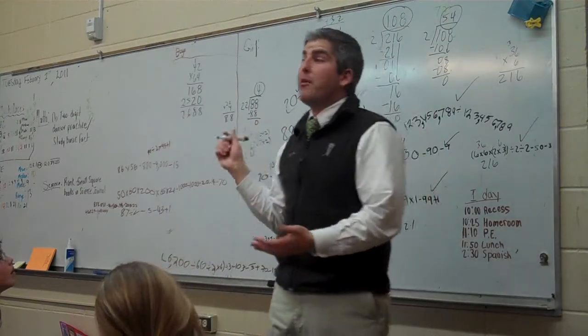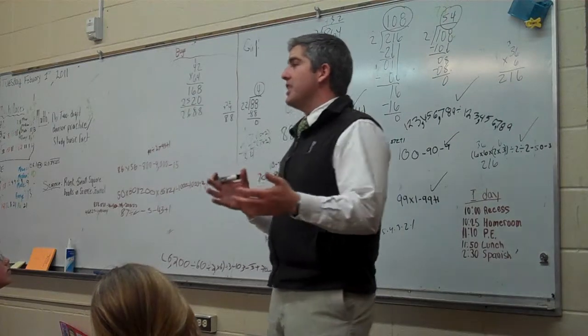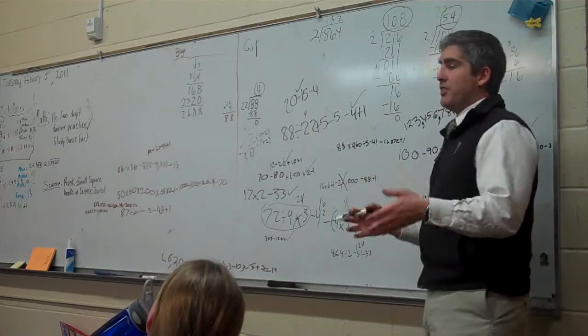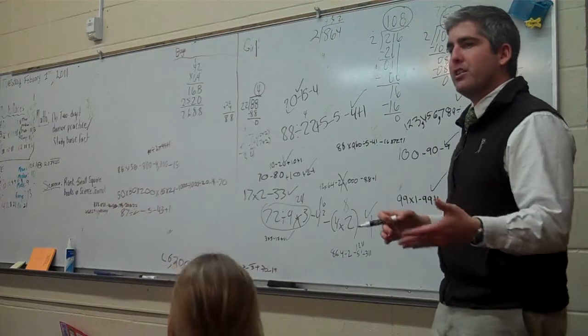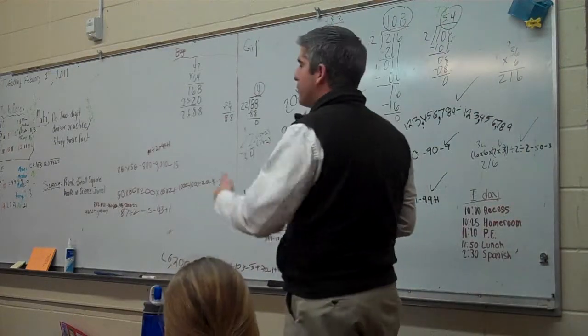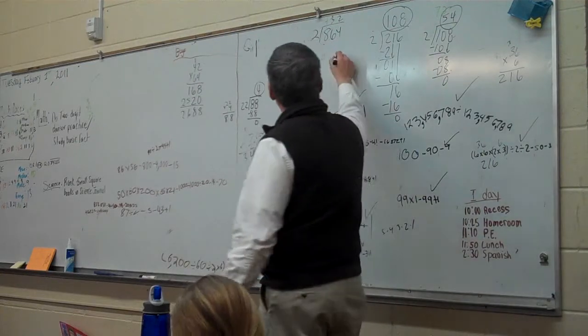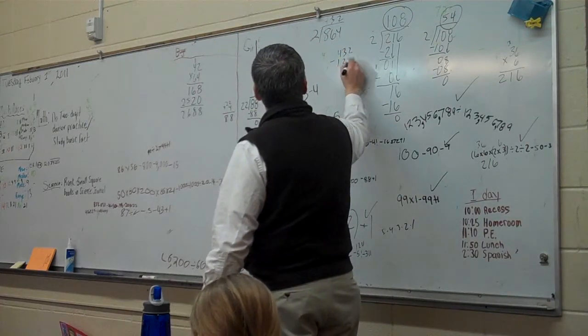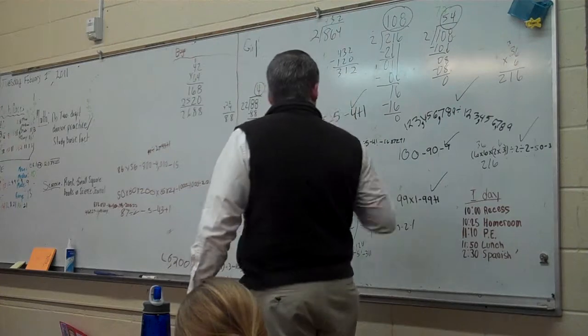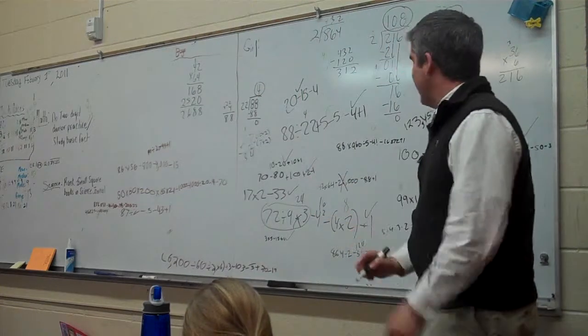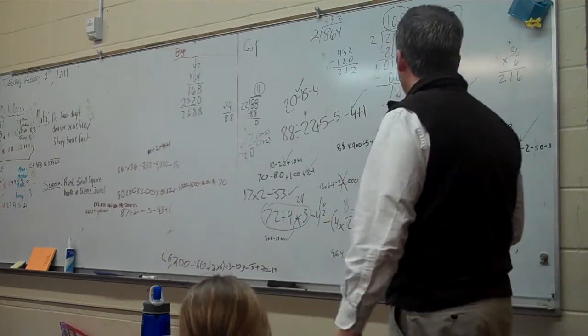If all the digits in your dividend are even, and you're dividing by 2, you should really be able to do it in your head, because all you're doing is splitting it in half. So that would equal 432. We subtract 120. That gives us 312. Minus 311 equals 1.